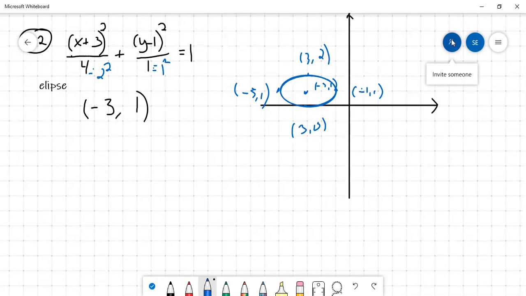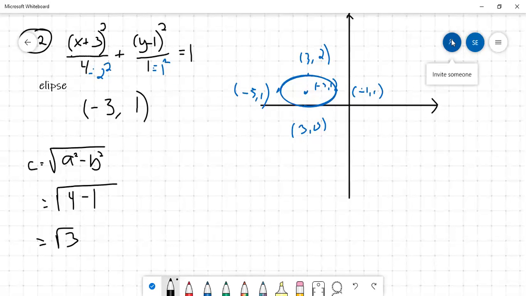And the final thing that we need to find is our foci. For an ellipse, c is always going to equal the square root of a squared minus b squared. In this case, our a squared is 4, and our b squared is 1. So this is equal to the square root of 3.